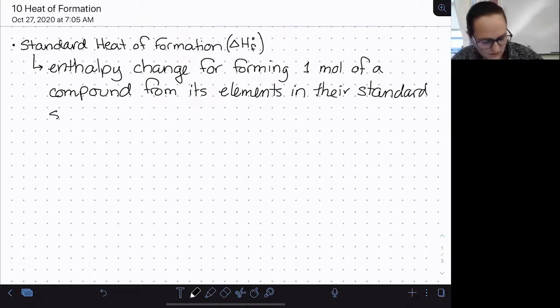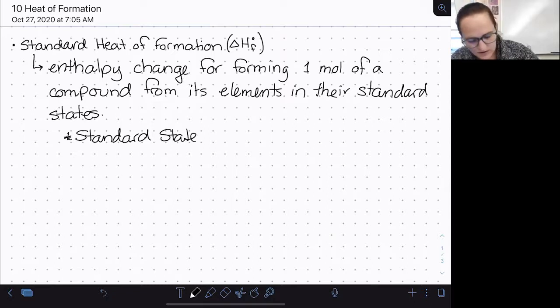So a few things to consider here. First, this idea of standard state of an element is just how it exists at normal laboratory conditions at typical room temperature, which is considered to be 25 degrees Celsius and typical atmospheric pressure of 1 atmosphere.